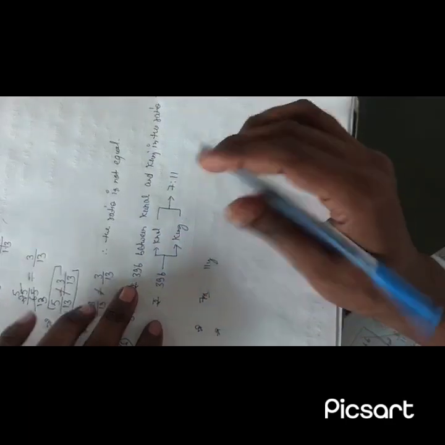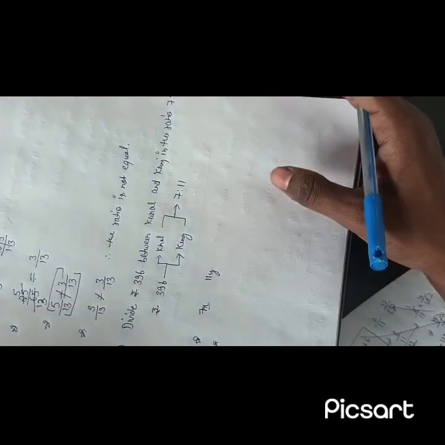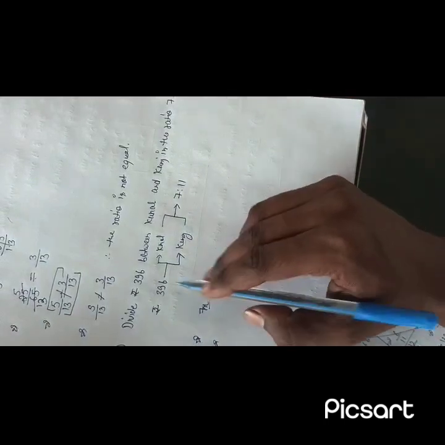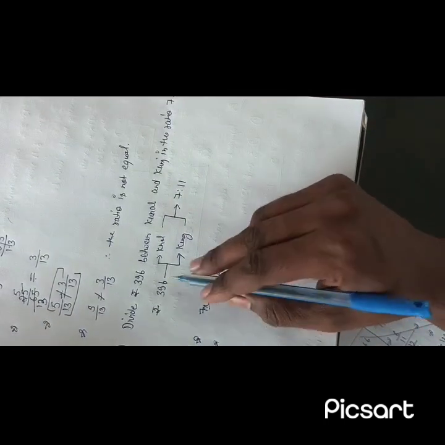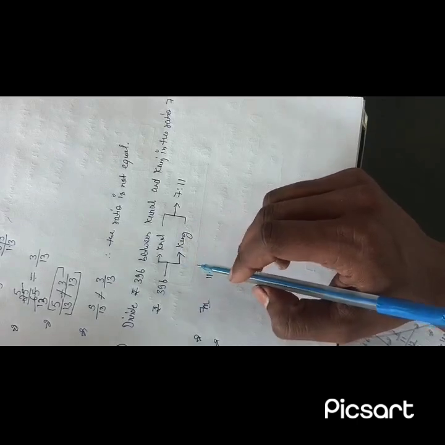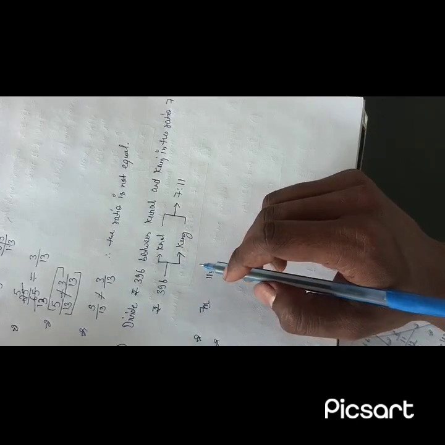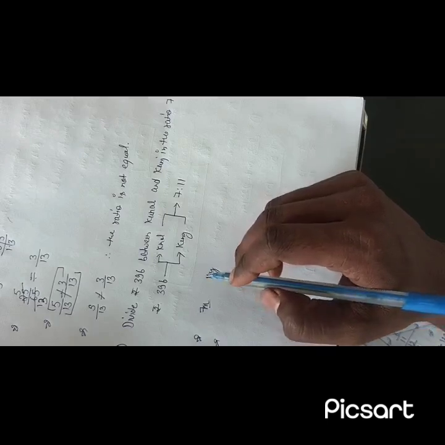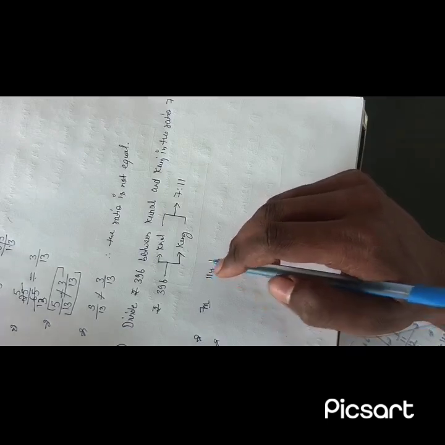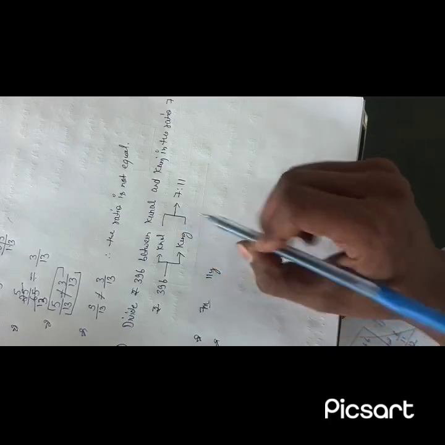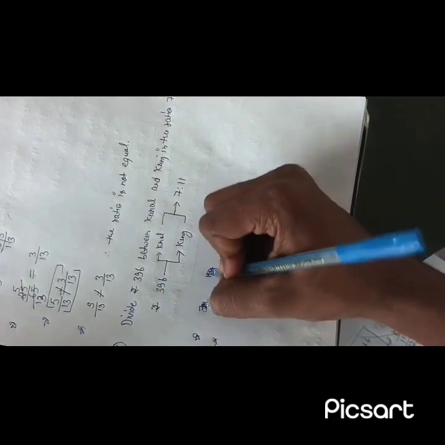So we have to simply put the value 7x equals 396 and 11y equals 396. We have to just simply divide the values. Wait, I'm writing it over here.